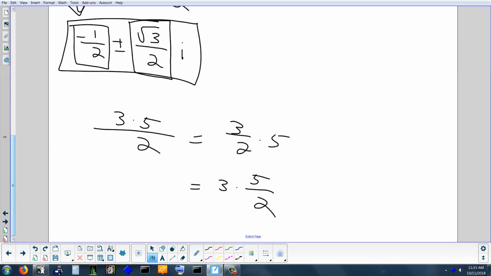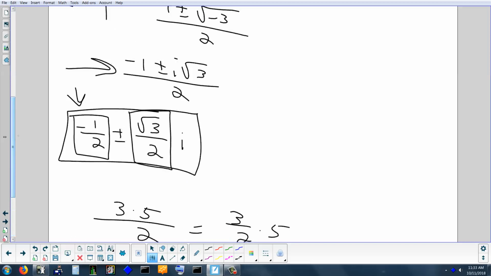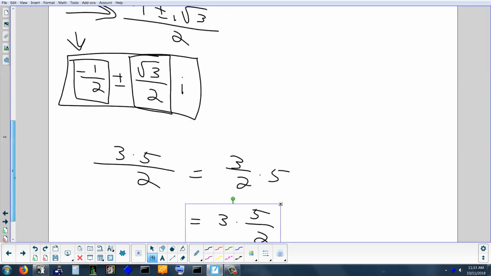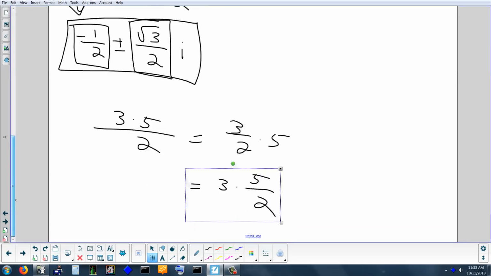You don't have to put the whole thing over 2. I'll do it real quick. 15 divided by 2 is 7.5. That's 1.5 times 5, which is 7.5. 2.5 times 3, 7.5. So, any other questions on that? Okay.